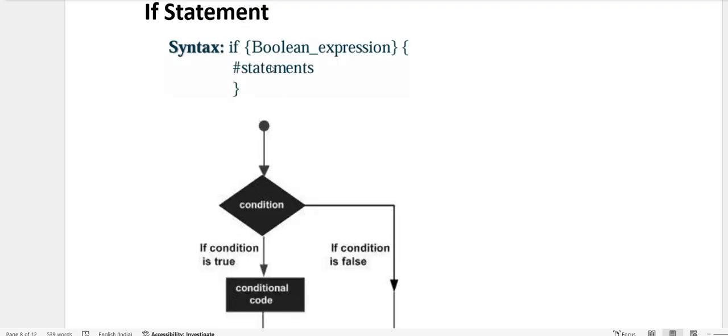In the if statement, this is the syntax. If of Boolean expression, then statements. If the Boolean expression is true, then the block inside the if statement will be executed. If the Boolean expression is false, then the first set of code after the if statement will be executed.